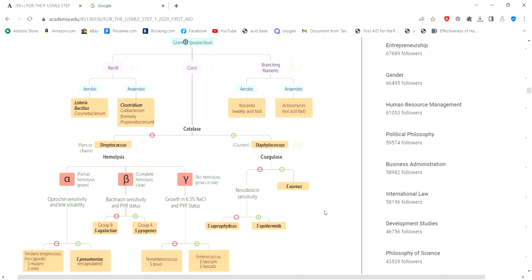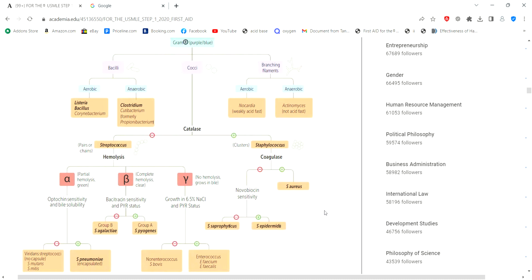Then Staphylococcus epidermidis is catalase positive, coagulase negative, urease positive, novobiocin sensitive. And this is the bacteria that infects the prosthetic heart valves and IV catheters by producing biofilm. We had already said that Staphylococcus aureus was catalase positive and coagulase positive.